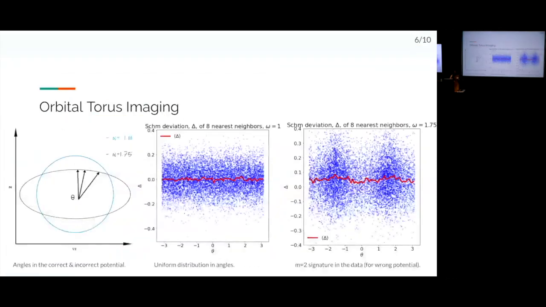When you're looking at the blue circle, there's no dependence on the actions there, but when you're in the incorrect potential, you're imparting an angle dependence on the metallicities. I don't know if that answers your question or if I misunderstood it.